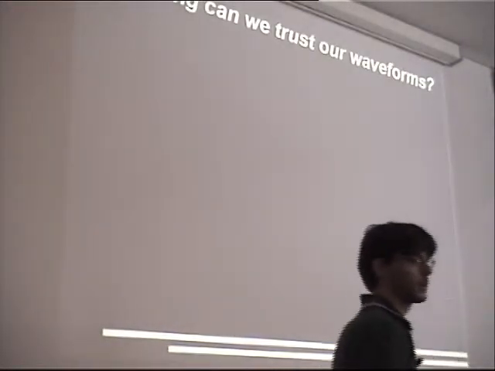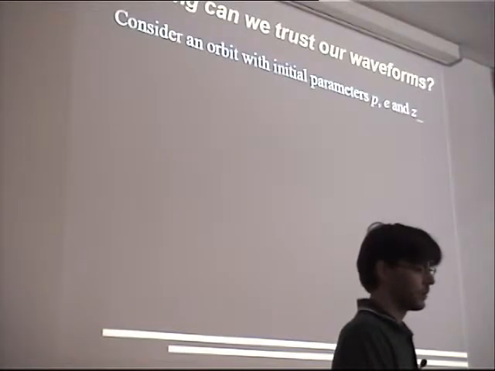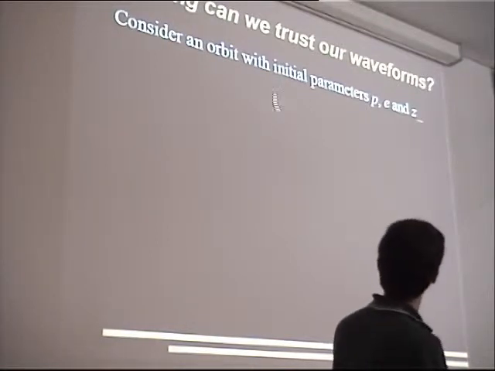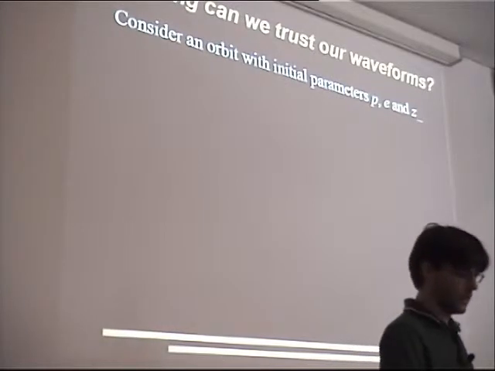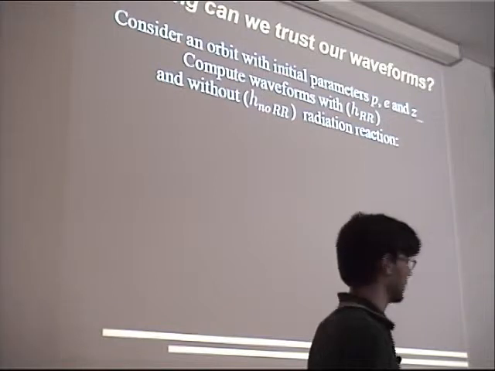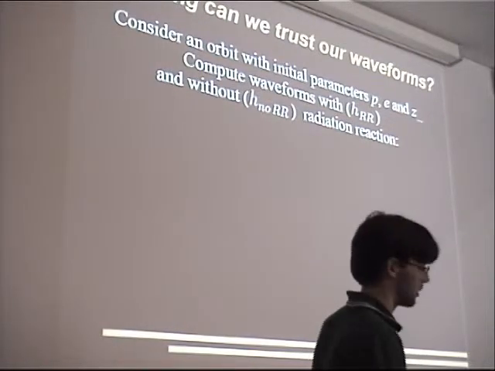So how long can we trust our waveforms, as we don't want to include the radiation reaction for the moment? Let's take an orbit having parameters P, E, and inclination Z. We can compute the waveforms corresponding to the orbit having these initial parameters, both with and without an approximated radiation reaction.